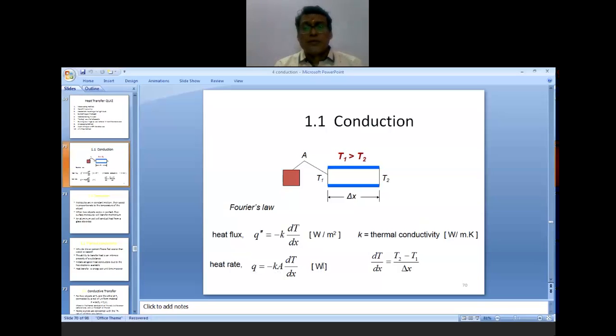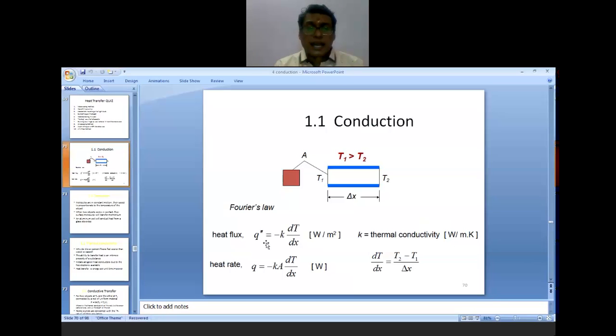Watt is nothing but joules per second. dT upon dx is the temperature difference and the distance difference. A is the cross-sectional area, K is the thermal conductivity, which has units of watt per meter Kelvin. And Q double dash is the heat flux.